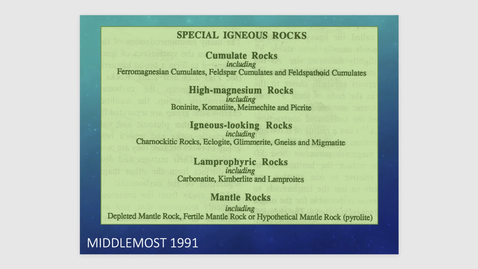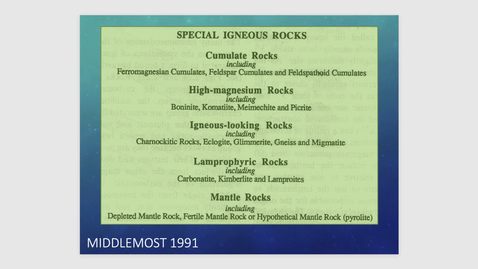Other igneous-looking rocks include charnockitic rocks, eclogites, glimmerites, gneiss and migmatites. I think in this course we'll focus on eclogites and migmatites, so we will have some discussion about these rocks, but when we deal with the metamorphic part of the course, so we can leave them for the moment.